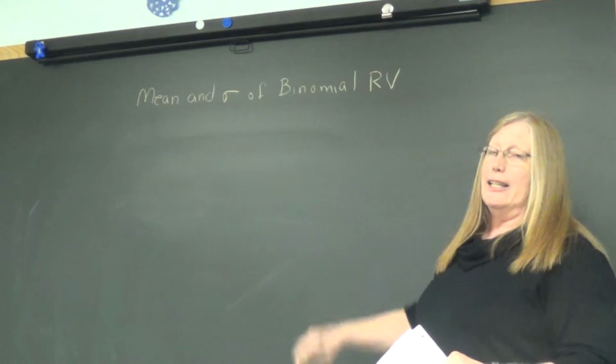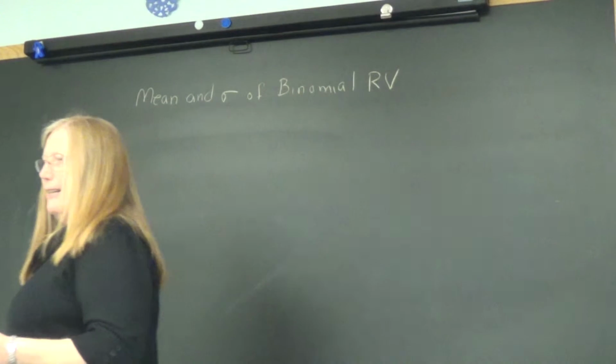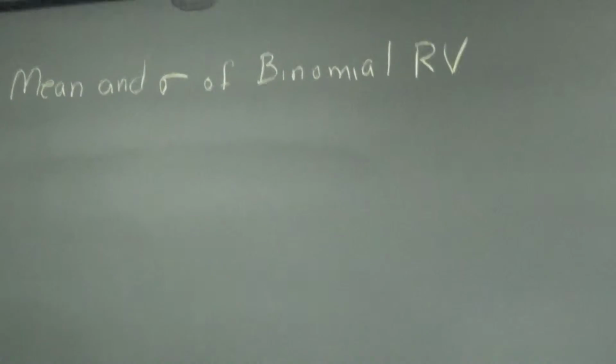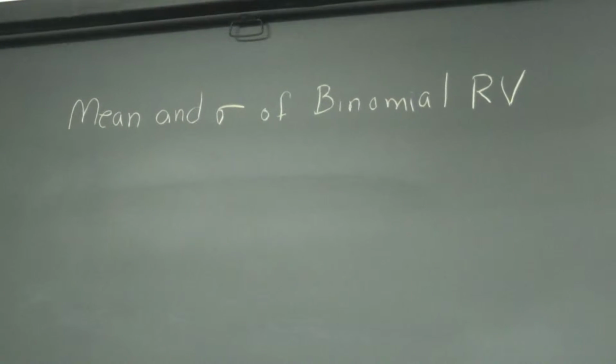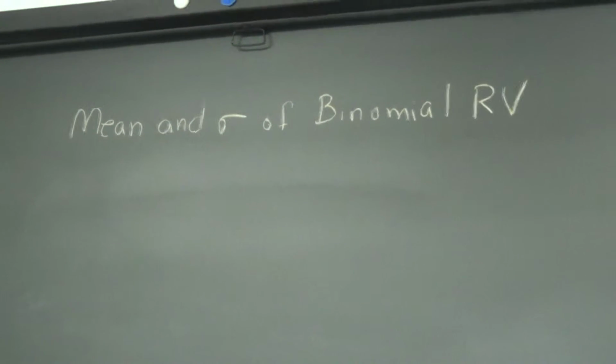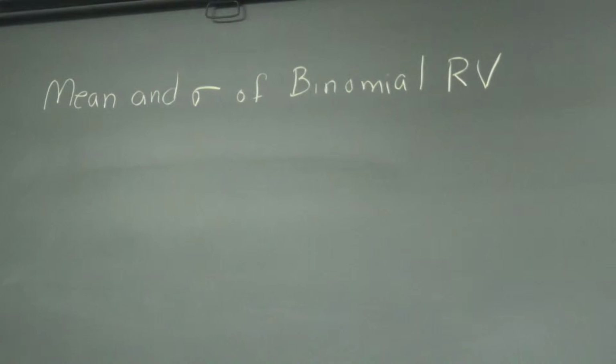We're talking about mean and standard deviation of a binomial random variable today. If you had 5 kids, what would you expect the number of O to be if 25% is the proportion that you expect of your family?